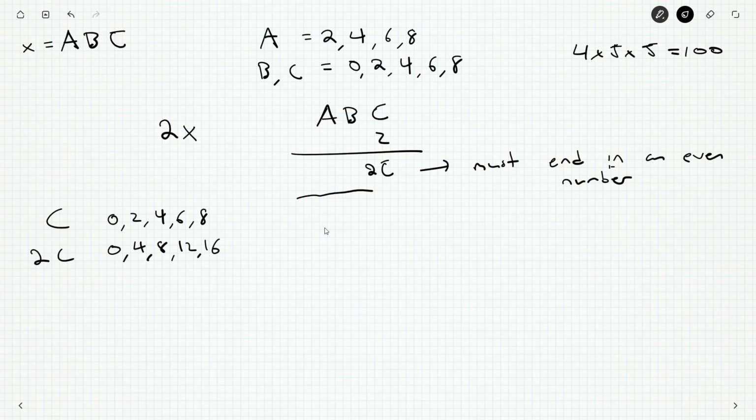So have we really learned anything? Well, actually, yeah. Focus on these ones right here. These ones are going to carry over. And then I'm going to do 2 times B. So we got a units digit here, but then we do 2 times B plus the one that we carry over.